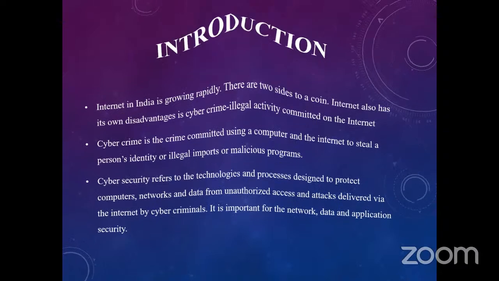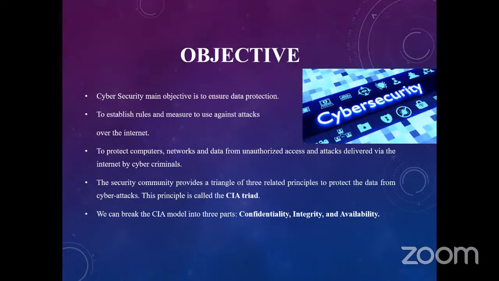Next, the objectives. The main objective of cybersecurity is to ensure data protection, protecting data against attacks over the internet, such as unauthorized messages and attacks delivered by cyber criminals. We have a three-part principle to protect the data, the CIA triad: confidentiality, integrity, and availability.